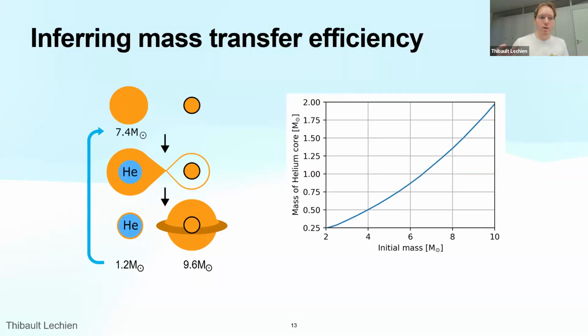So we know that right after the main sequence, the size of the helium core roughly correlates one-to-one with the initial mass of the star. So more massive stars lead to more massive helium cores at the end of the main sequence. This means that if you know the mass of the helium core, you can just kind of read off what the initial mass should have been, roughly at least.